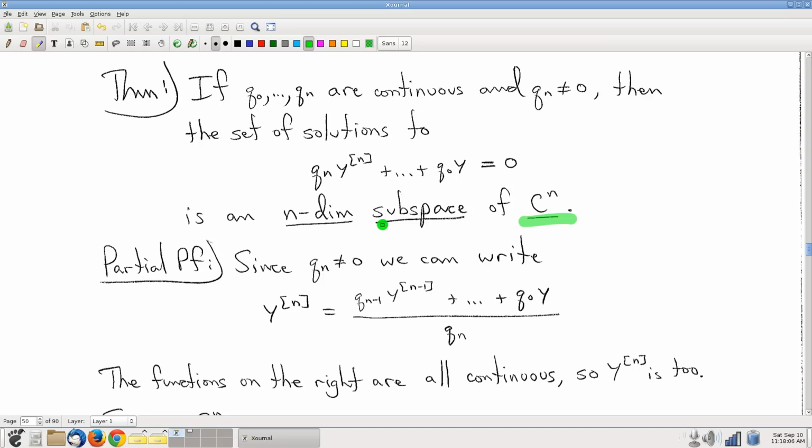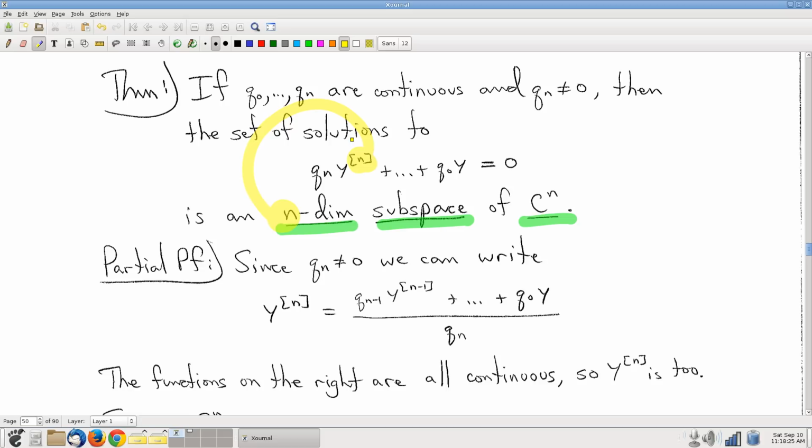Furthermore, the collection forms a vector subspace of Cn, and even more so, it is an n-dimensional vector subspace, and n specifically is the order of the differential equation.